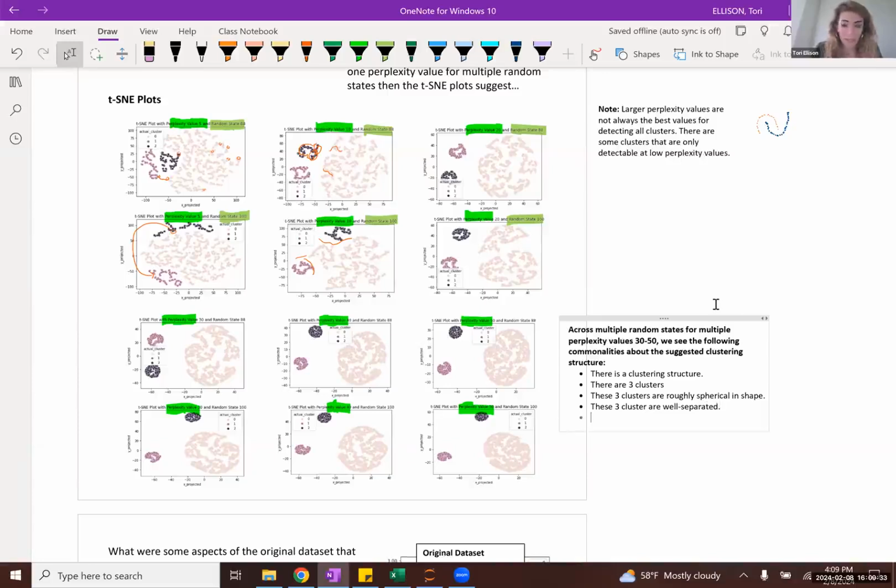And furthermore, the 3 clusters that we're seeing roughly look like they might have the same number of observations in them.